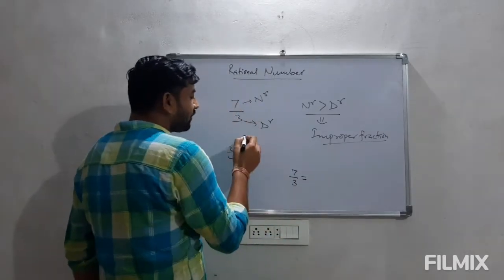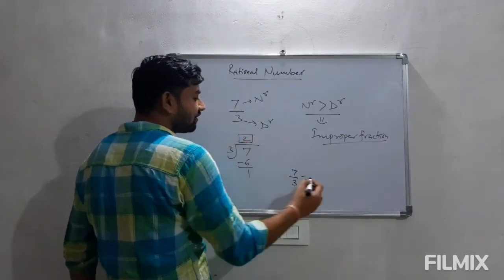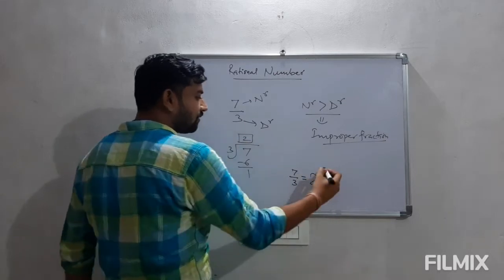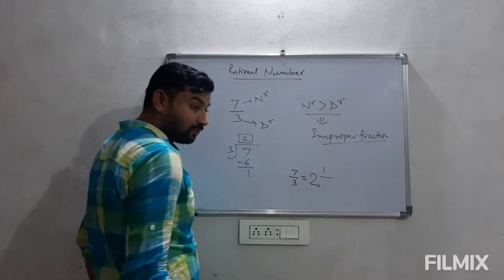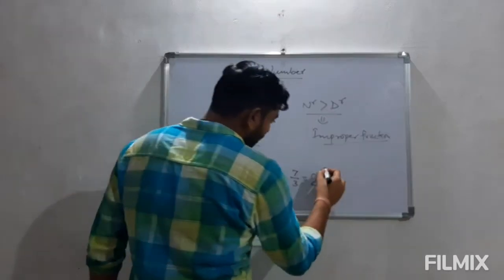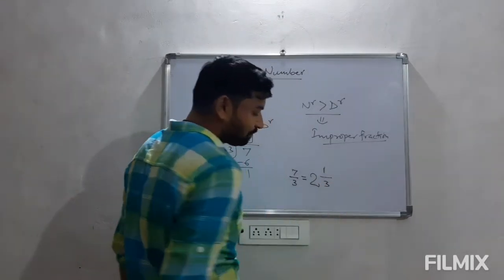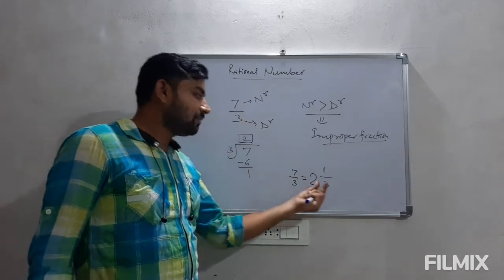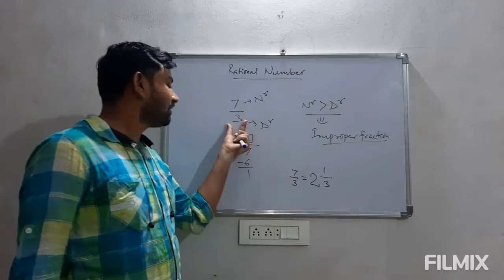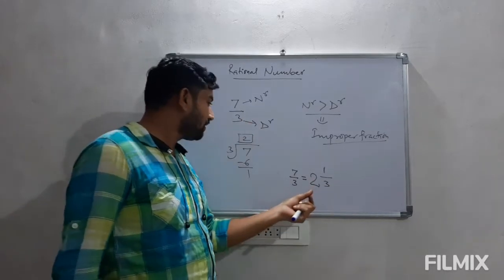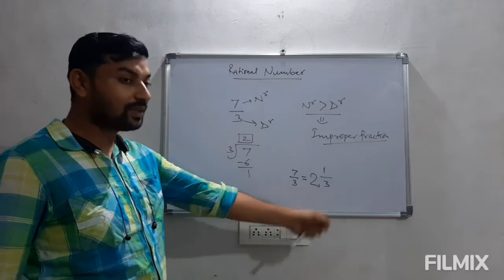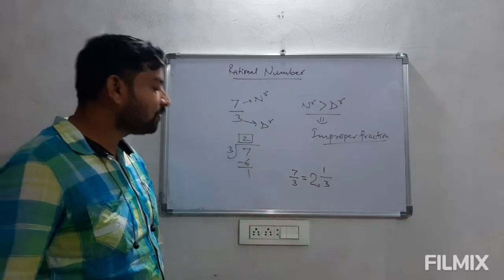In the complete part we write the quotient as the whole number, then the remainder will be the numerator and the denominator will be the divisor. The denominator is the same in the fractional part, 3 here and 3 earlier. When we divide 7 by 3, we get 2 as the whole number, and the remainder is the numerator.